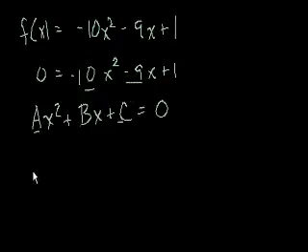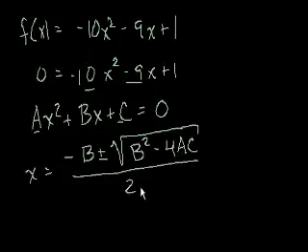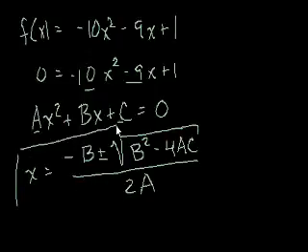The formula is the roots x equals negative b plus or minus the square root of b squared minus 4 times a times c, all of that over 2a. I know that looks complicated, but the more you use it, you'll see it's actually not that bad. And this is a good idea to memorize.